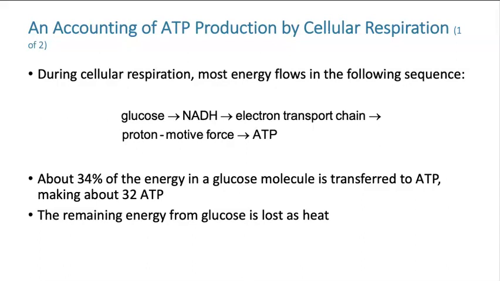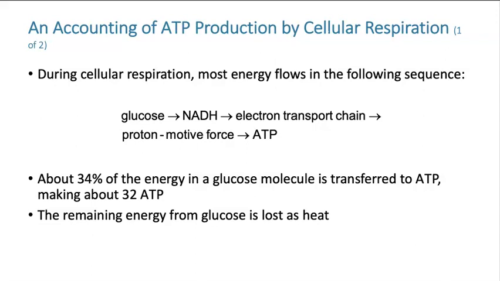During cellular respiration, most of the energy is going to flow in this sequence. Glucose is making NADH, and NADH is entering the electron transport chain in the form of electrons. The electron transport chain pumps all those protons into the space, and the proton motive force is what forms the ATP.